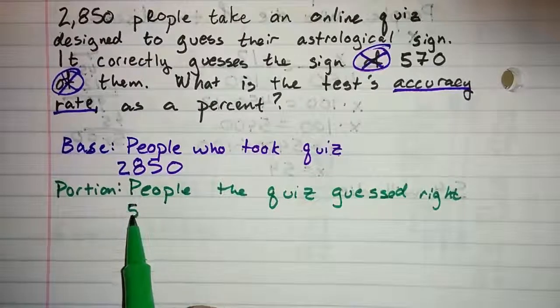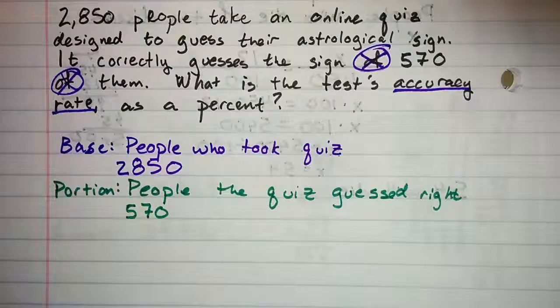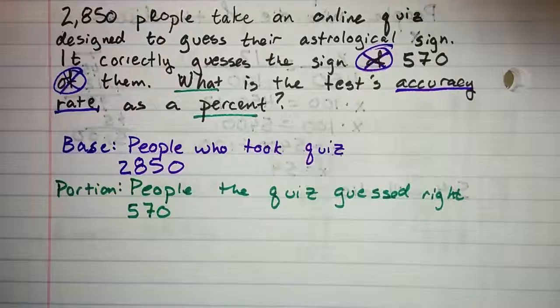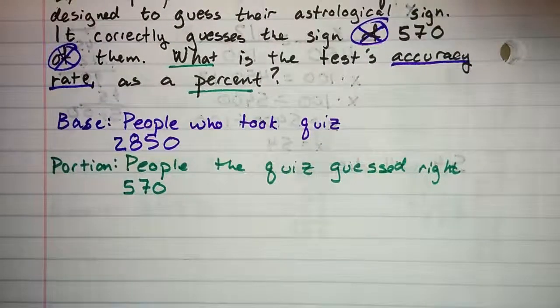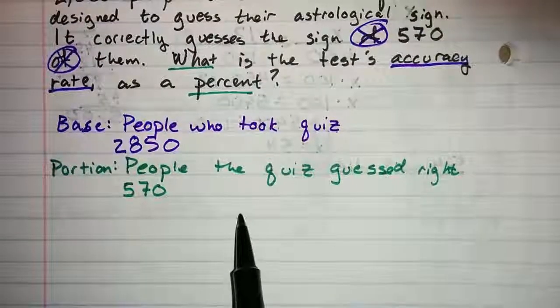That's 570. What is it we're trying to find out? We're trying to find out the percentage. So now we're ready to set up a percent proportion, now that we know what this question is asking us about.